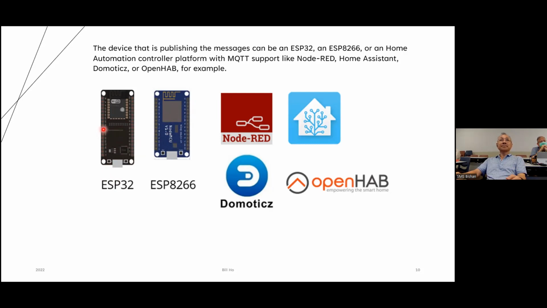Then there are home automation controller platforms, like Node-RED, which is one of the platforms, then Home Assistant, Domoticz, and OpenHAB. These can be a device or a device controller. This one controls the physical item, or connects to a physical item like a temperature sensor, then it will publish.